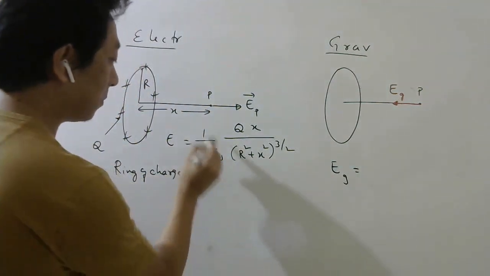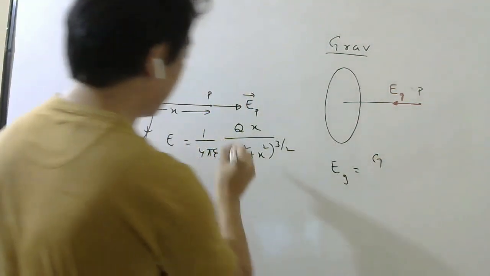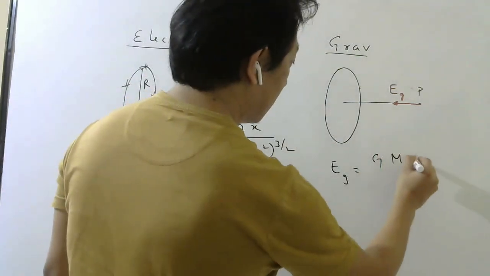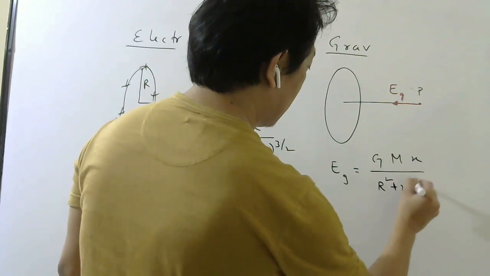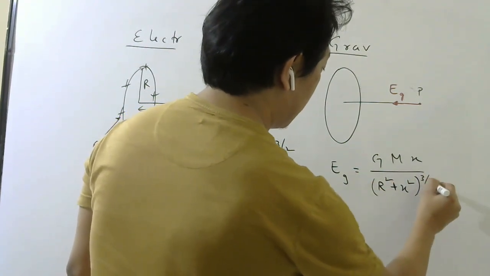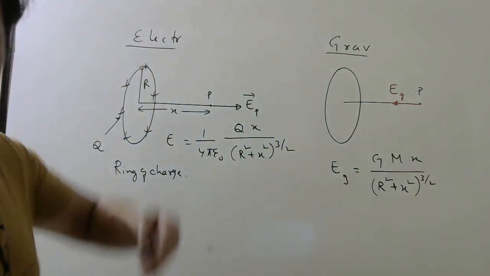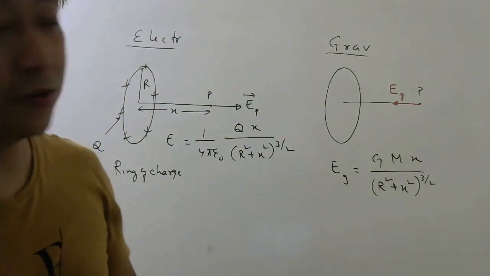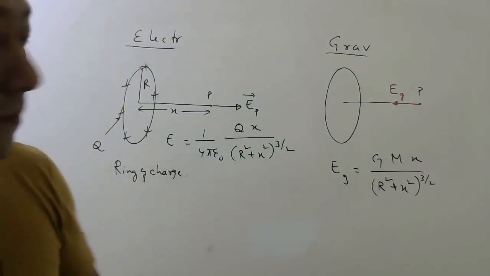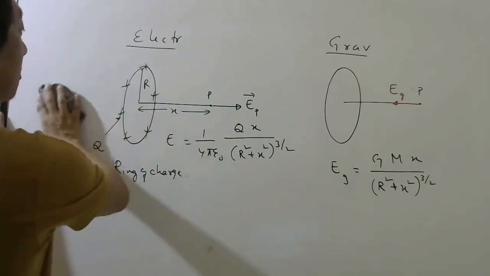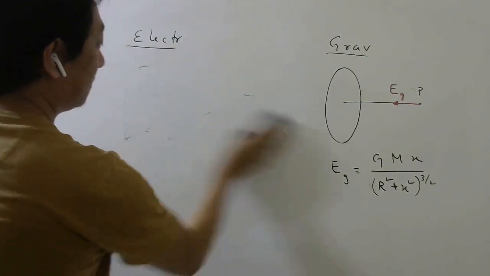This 1 by 4 pi epsilon naught you will write as G. Capital Q you will write M. x by R square plus x square power 3 by 2. So like that you can do it for a sheet of charge also. Here, a sheet of mass. So you guys try to do more. Okay. Fine. So this was about the field.